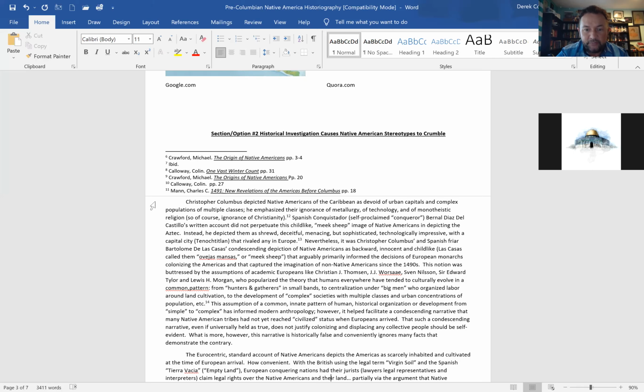So if the Native Americans or another non-Christian group throughout the globe were not inhabiting the land in high numbers, if they were not building and constructing cities, if they were not cultivating the earth and farming, right, they did not have the legal standing to keep their land.